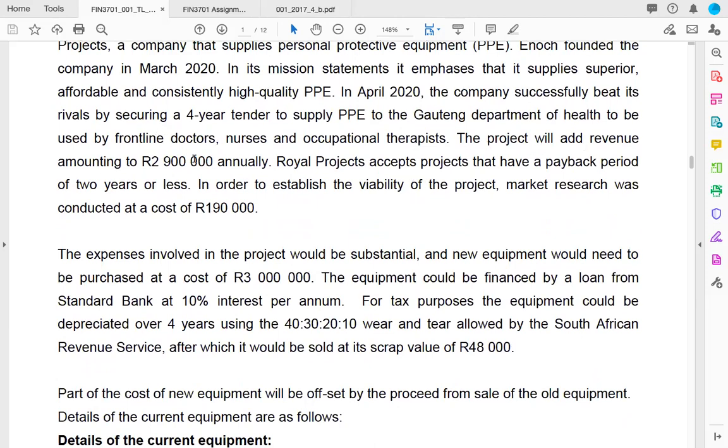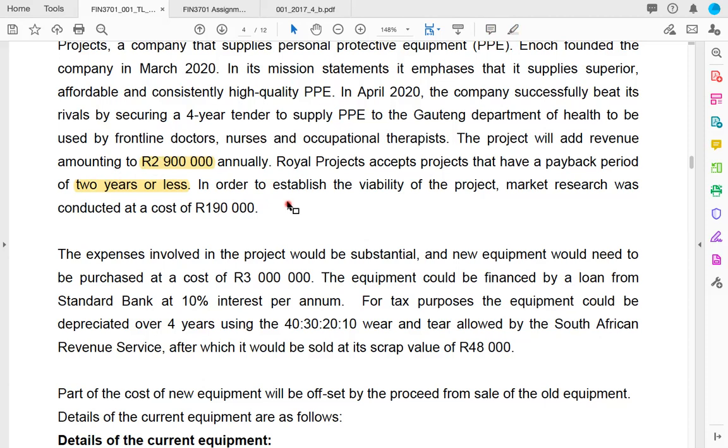We're told that the project will add revenue amounting to 2.9 million. So we're just being told a lot of information here. Royal Projects accepts projects that have a payback period of 2 years or less. So this is all important information. We're just highlighting this information, the 2.9 revenue added. So these are all important points.